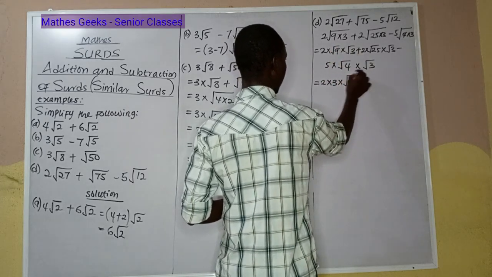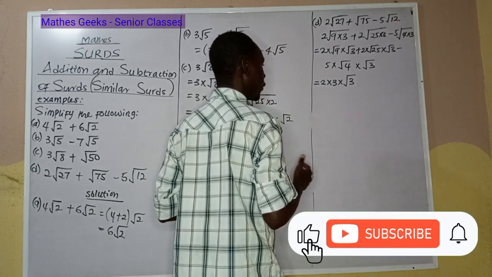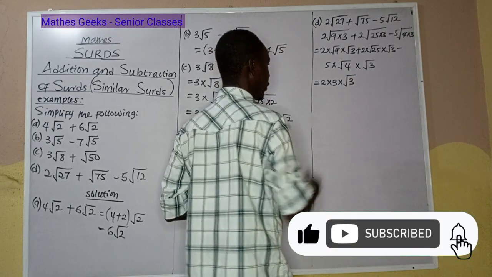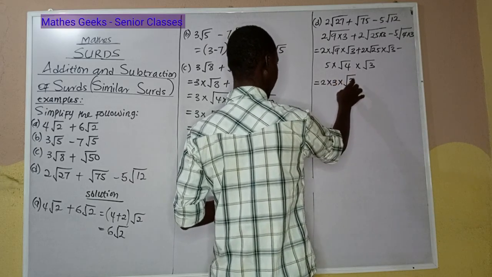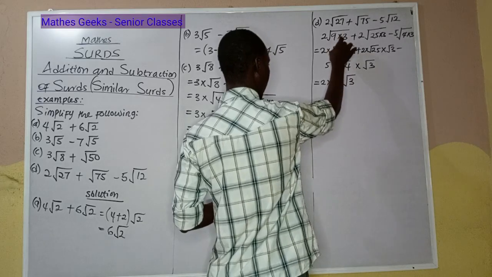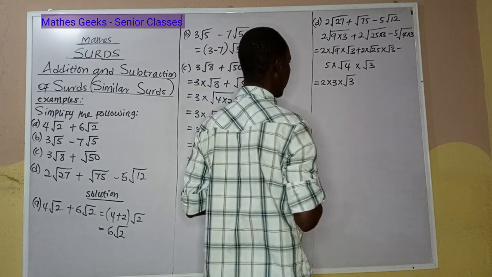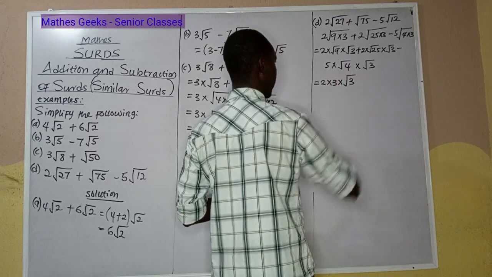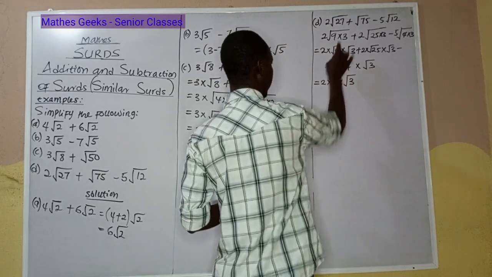Root 3 is a surd; its value will not give us an exact answer, so I'm going to leave it as root 3. I can get the exact value for root 9, and the rule is that if one of the factors is a perfect square, you will be able to get the square root of that perfect square. So that's what we did for root 9.